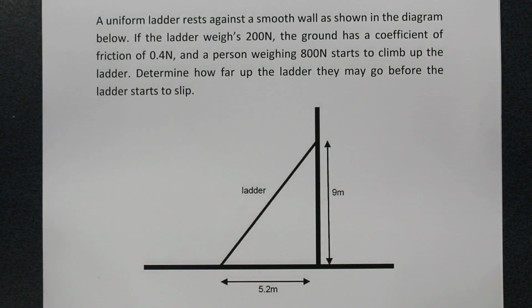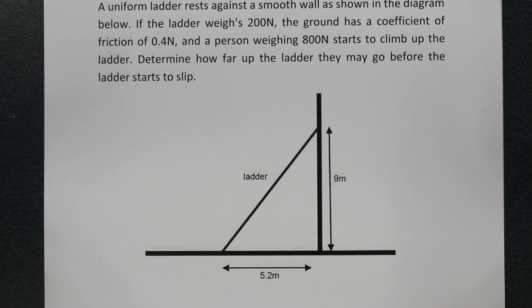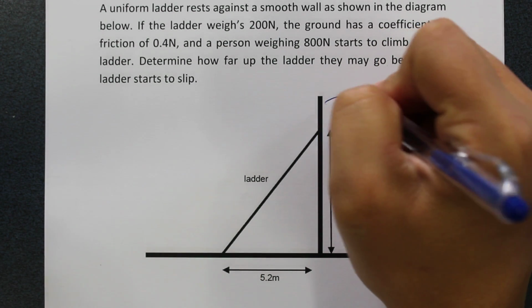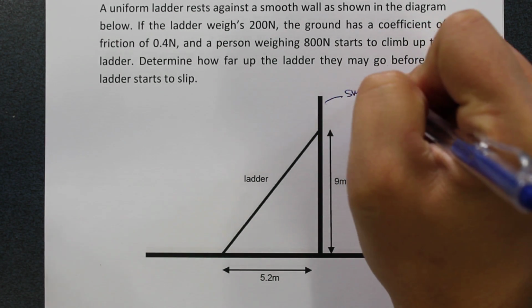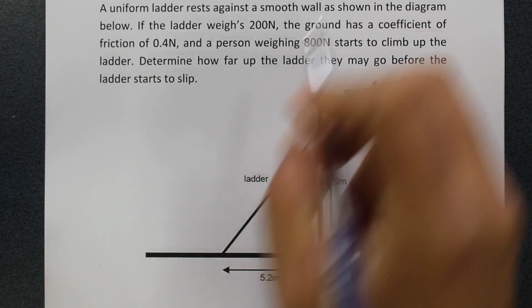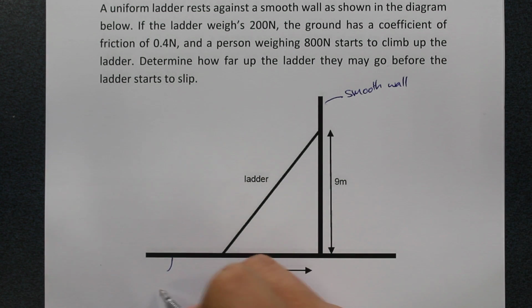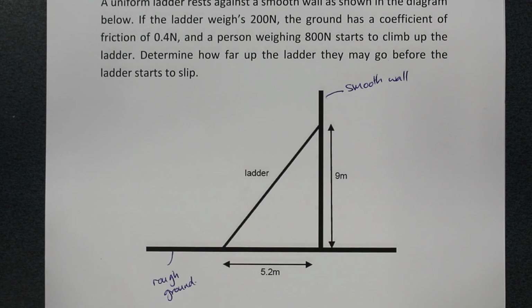So we'll write in all of the forces which are acting here. First, we recognize that for this diagram we have a smooth wall, and the ground is a rough surface, rough ground, because it has a friction coefficient. There are several forces acting here.